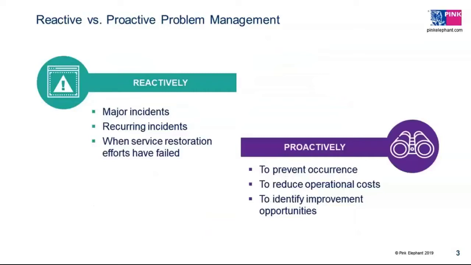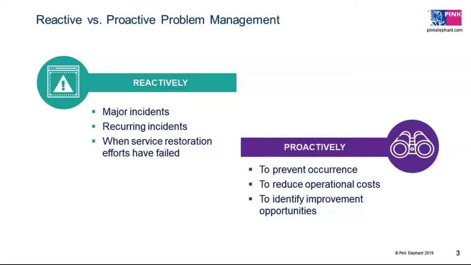Anytime an organization encounters incidents that are really significant, what we normally call major incidents, this is an opportunity for us to open up a problem record and figure out why, because these are generally the incidents that our customers, the business, are interested in not ever seeing again.